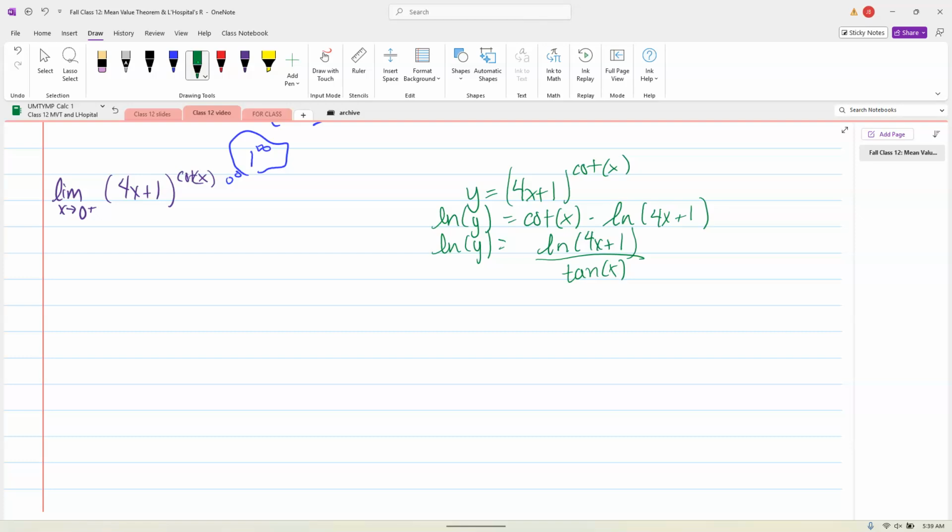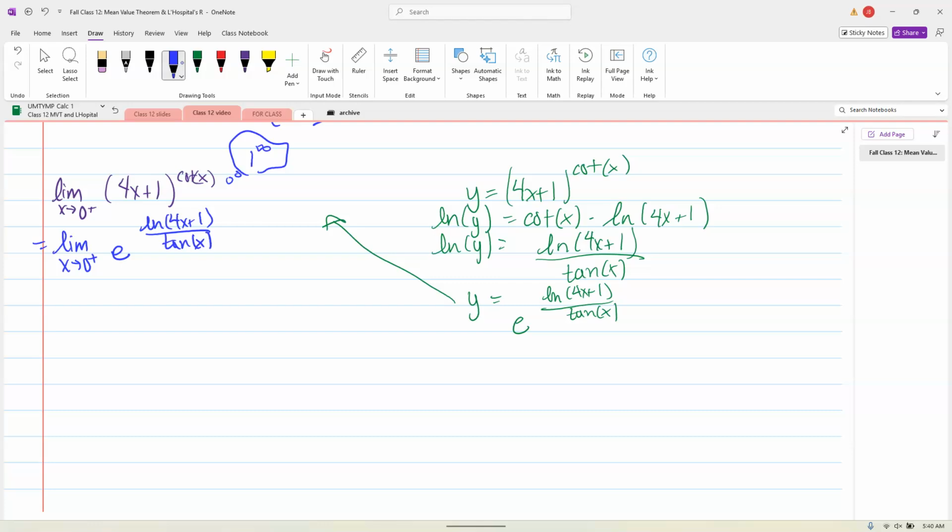And then now, resolving for y, I could do y is equal to e to the natural log of 4x plus 1 over tangent of x. And now I can come back over here, and do, this is the limit as x goes to 0 from the right of e to the natural log of 4x plus 1 over tangent of x.